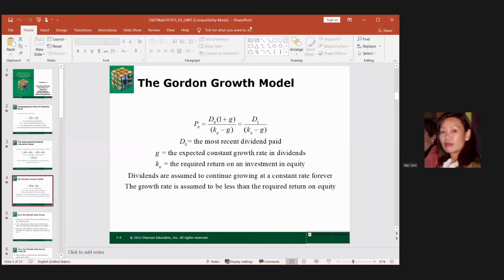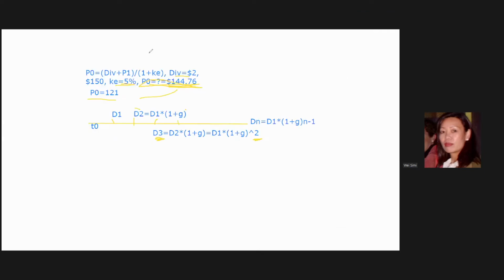So let's go back and see what you guys are thinking. Let's do the numbers, okay? The numbers speak loud and clear. Let me type in the formula first for you. Present value of stock equals next period dividend, divided by required rate of return minus the growth rate.